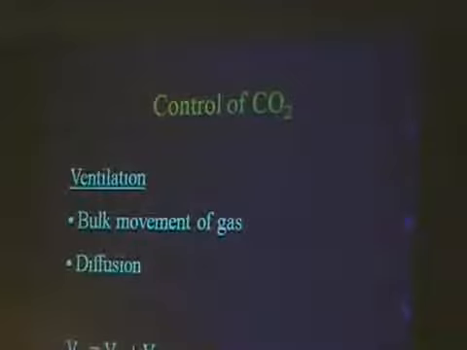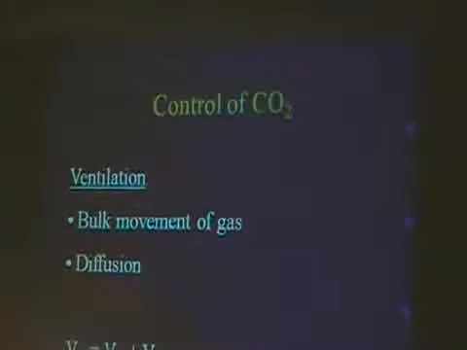We're going to move now to ventilation. We're going to talk about control of CO2. During conventional ventilation, ventilation is attained by movement of gas in and out and diffusion of gas at the alveolar capillary interface. So you go, that's the bulk movement of gas in and out. And when the gas gets down there, there's diffusion of gas across the alveolar capillary membrane.